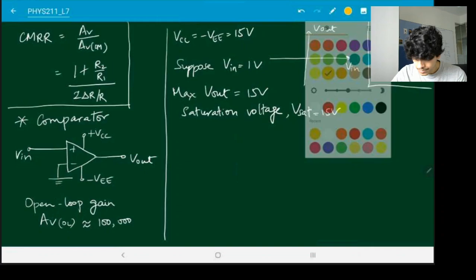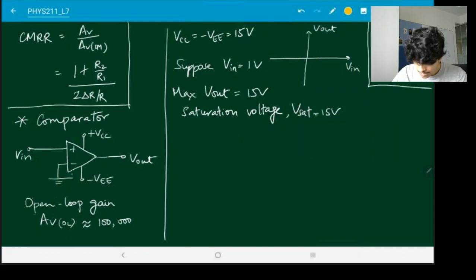Notice that the inverting terminal here is at 0 potential. This terminal is at 0. Initially, suppose V in is negative. Then V plus is less than V minus, because V in is negative, and so your output is at minus VSAT.